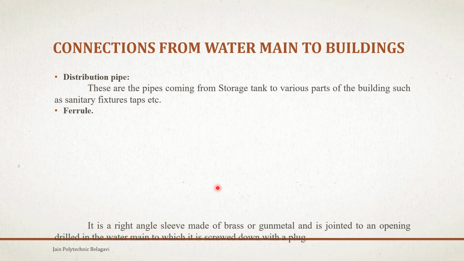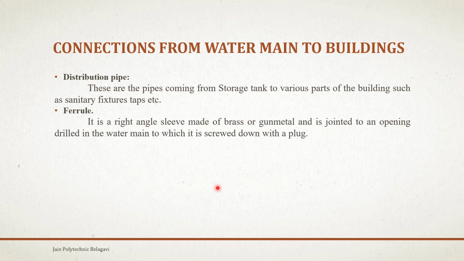It is a right angled sleeve made of brass or gunmetal and is jointed to an opening drilled in the water main tube, which is screwed down with a plug. As I have said, it is a T connection where we provide the connection from the water main.